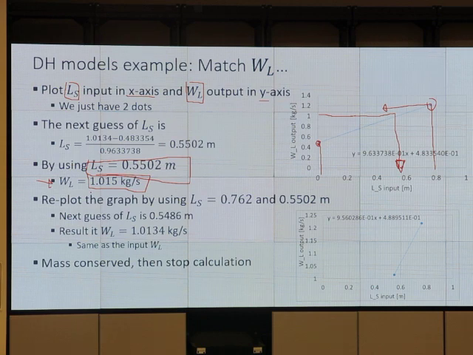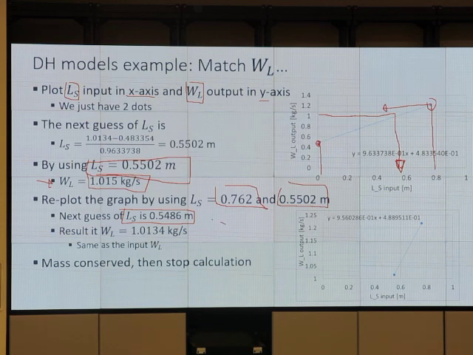What do I do? I do it again. Use LS equal to that much and that much. So I have two dots and use linear interpolation to get another guess. The next guess based on linear interpolation should be 0.5486.